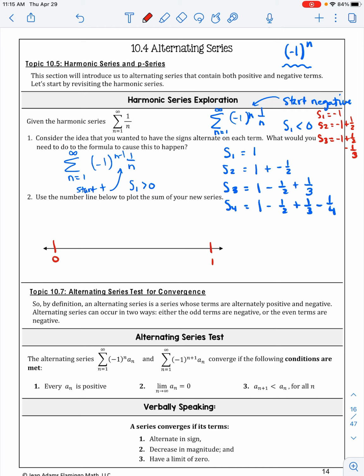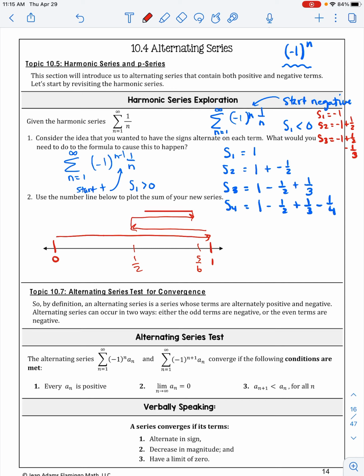If you were going to model this using a number line, let's put 0, 1 here, and our first partial sum is 1. Then it's 1 minus 1/2, so we end up at 1/2 here. And then our third partial sum, we would be adding 1/3.